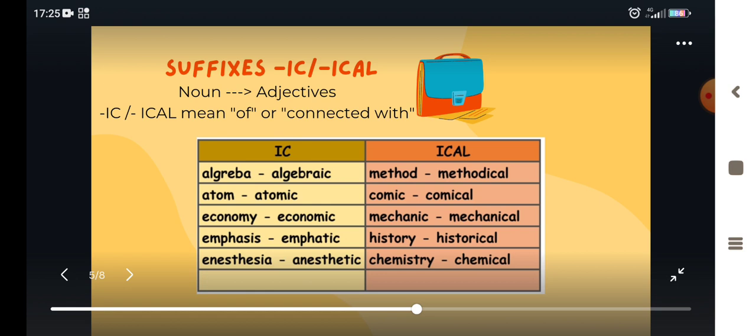Some examples with -ic: algebra, algebraic; atom, atomic; economy, economic; emphasis, emphatic; anesthesia, anesthetic. With -ical: method, methodical; comic, comical; mechanic, mechanical; history, historical; and chemistry, chemical.